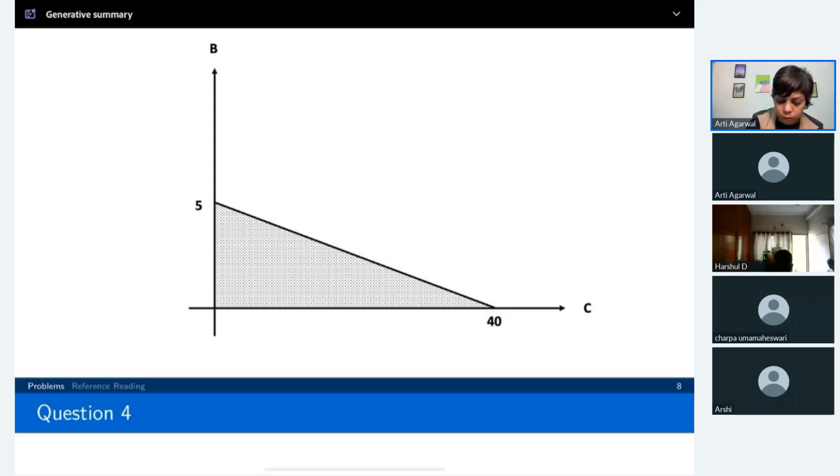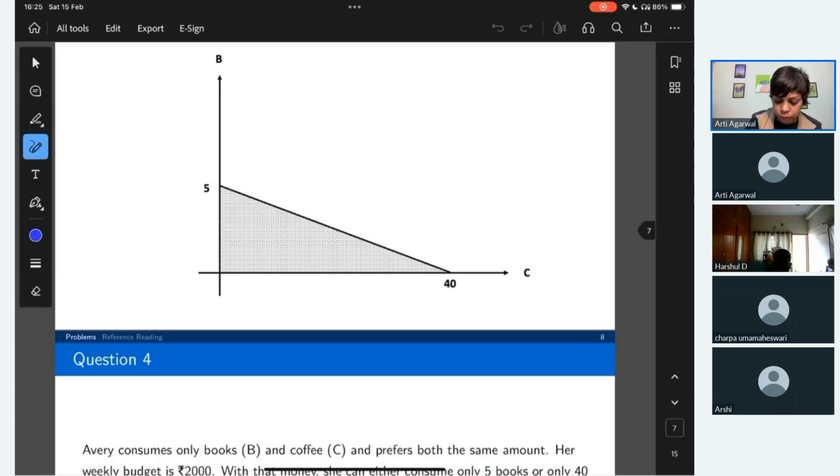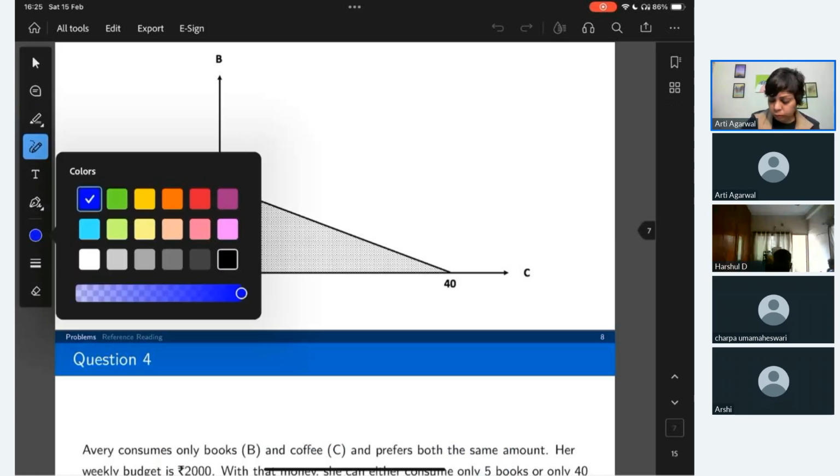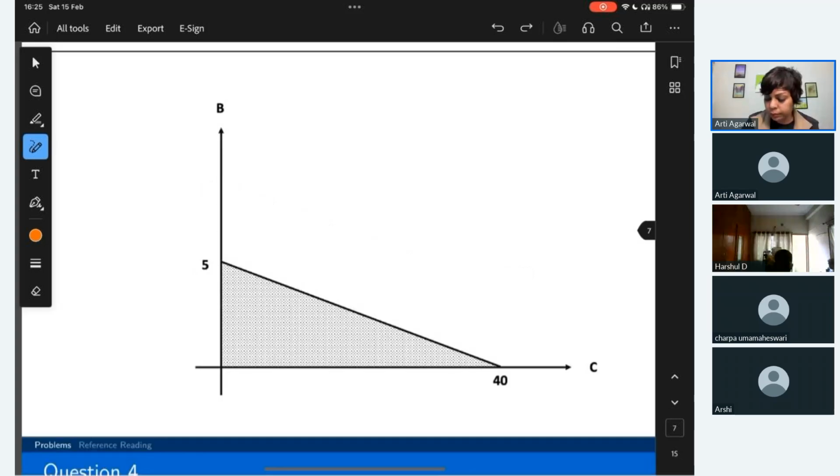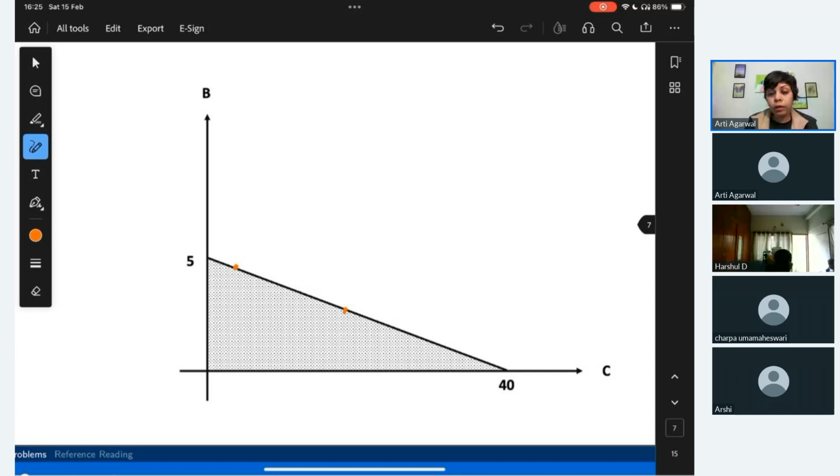Let me draw this. Okay. So here, whether you take this point or this point or this point, the budget is still I equal to 2000, right?